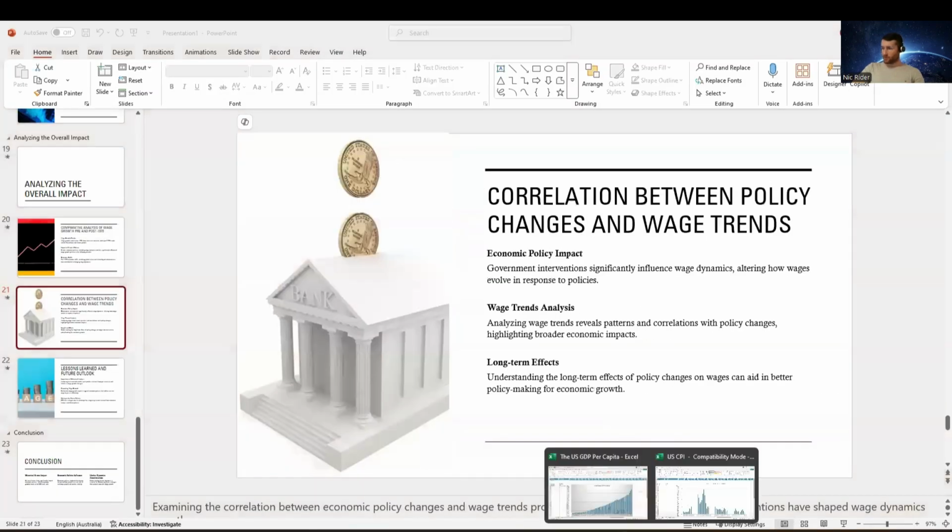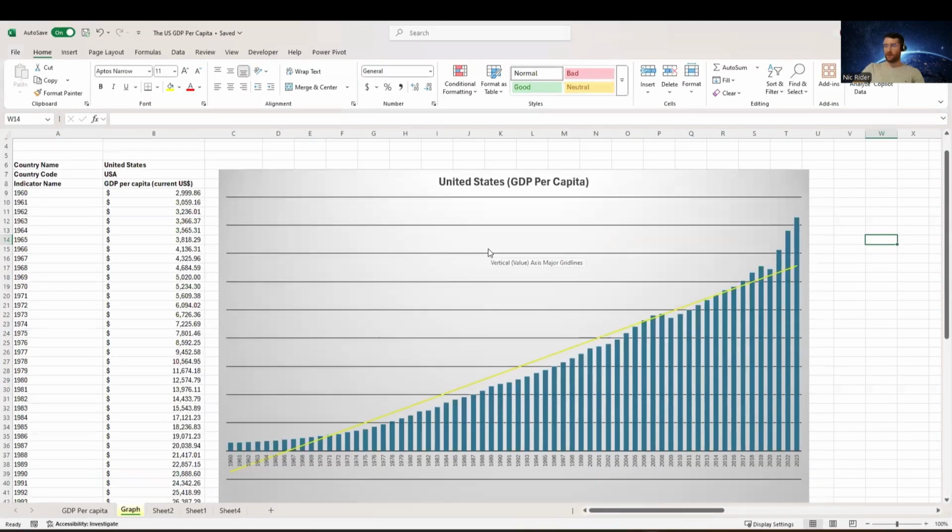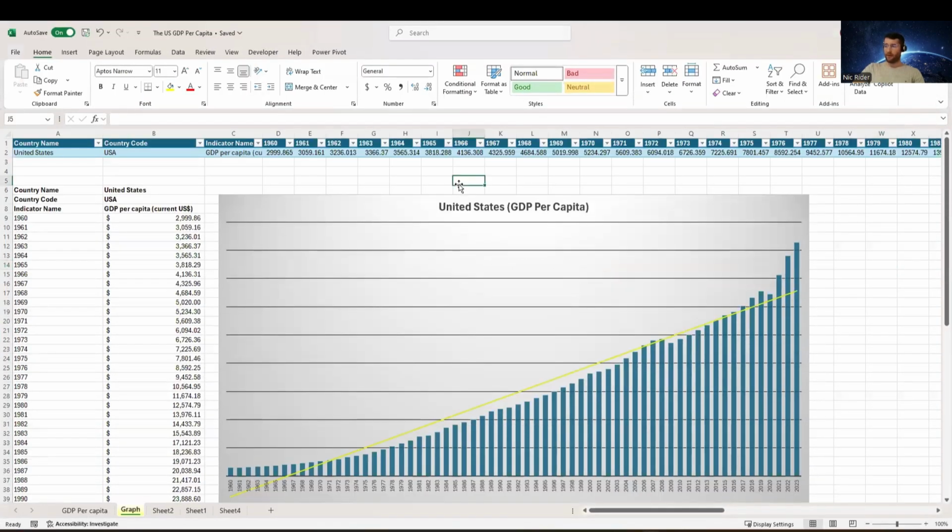The last thing I want to touch on here is the GDP per capita, because you want to look at a few things to determine real wage growth. Looking at CPI and GDP per capita is a good idea to see what's going on. If we look at GDP per capita, the country has increased, and in an economic sense, it's done really well.